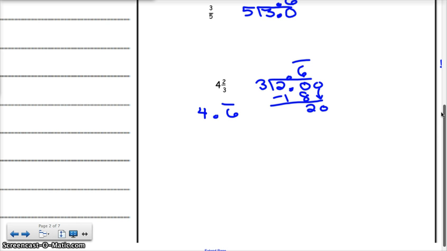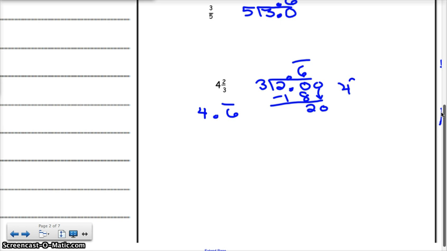4.6 repeating. Can't you just cross out the 4 and add 12 to this top, and then 3 divided by 14? Oh, yeah. So Cooper had a technique. Couldn't he just turn this into an improper fraction? You could definitely do that. It's not my personal style, but it's totally okay.